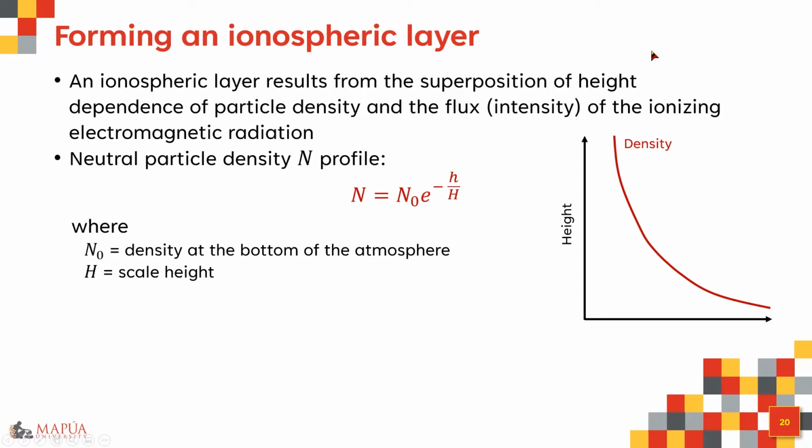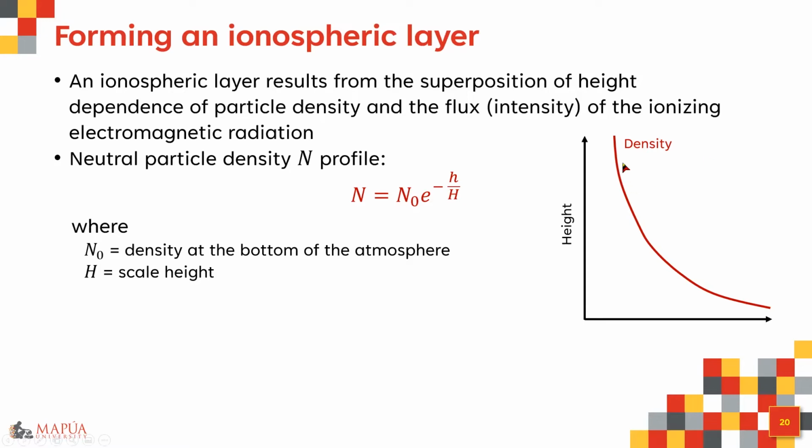Because we know that these neutral particles absorb energy coming from the sun. So that means the energy as a function of height would have some sort of a decreasing behavior.